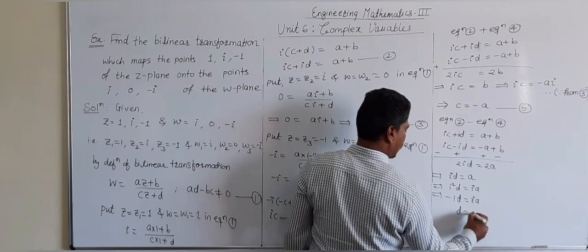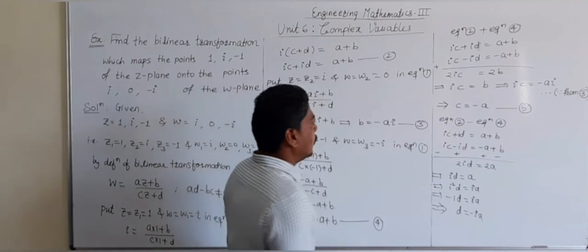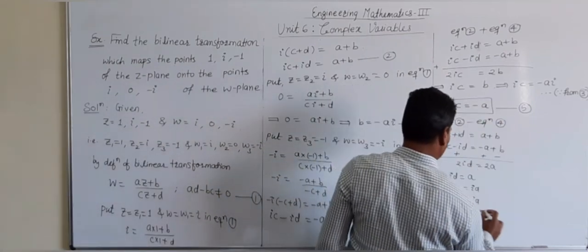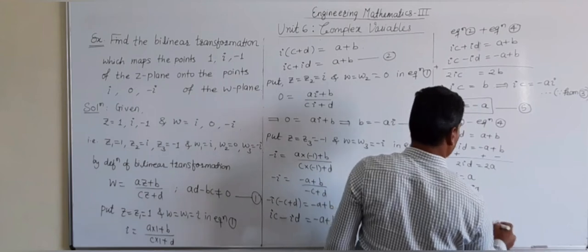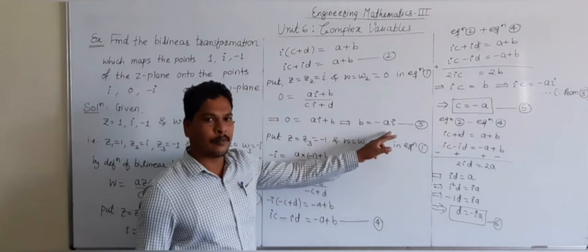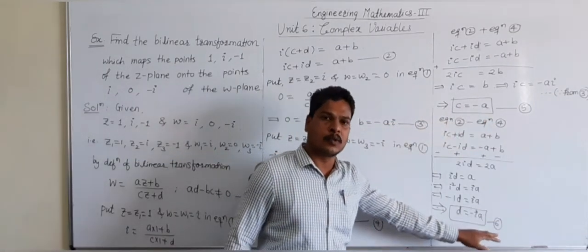So D is equal to minus iA. Okay. So this is our equation number 6. And in that way we get B in terms of A, C in terms of A, and D is also in terms of A.